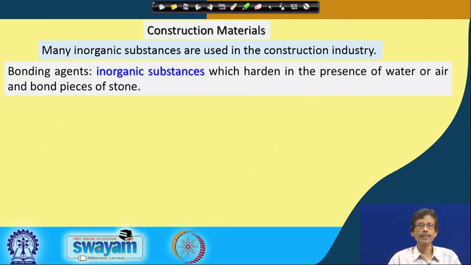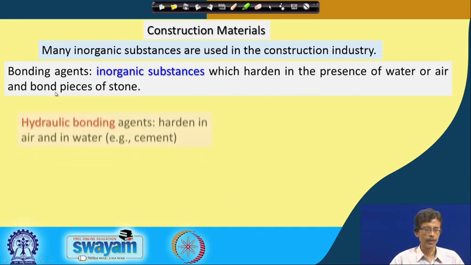The cementing material is nothing but the corresponding inorganic bonding agent, which can be hardened and attach these two materials through a reaction that takes place by the slow use of water and air. In the presence of air and water only, this hardening process can take place and we get the corresponding bonding agents. But you should also remember all the time what the bonding agent is and what its definition is.